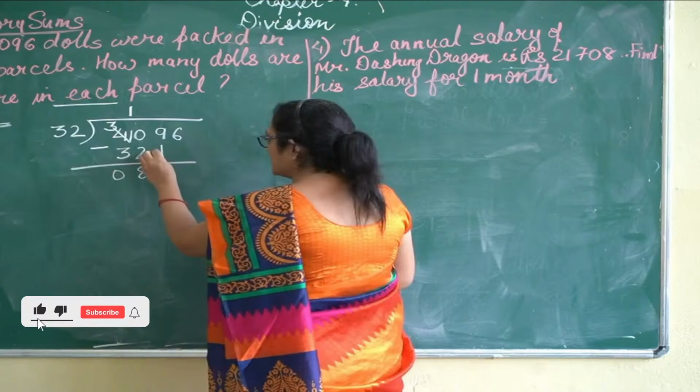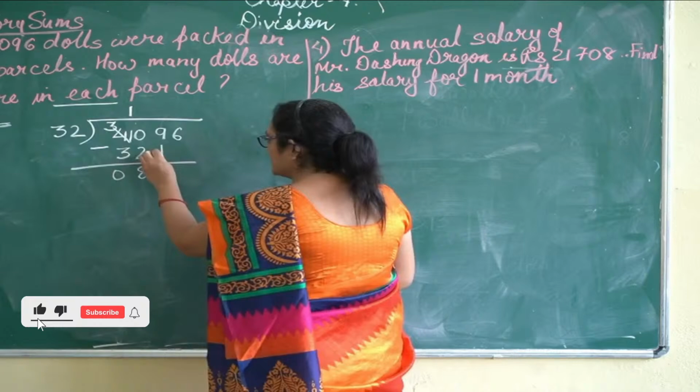Okay. 32 2s are 64 and 32 3s are 96. So 96 is bigger. So we will take the smaller number, that is 32 2s are 64. Now we will subtract. 9 minus 4 is 5. 8 minus 6 is 2. We will bring the next number down.